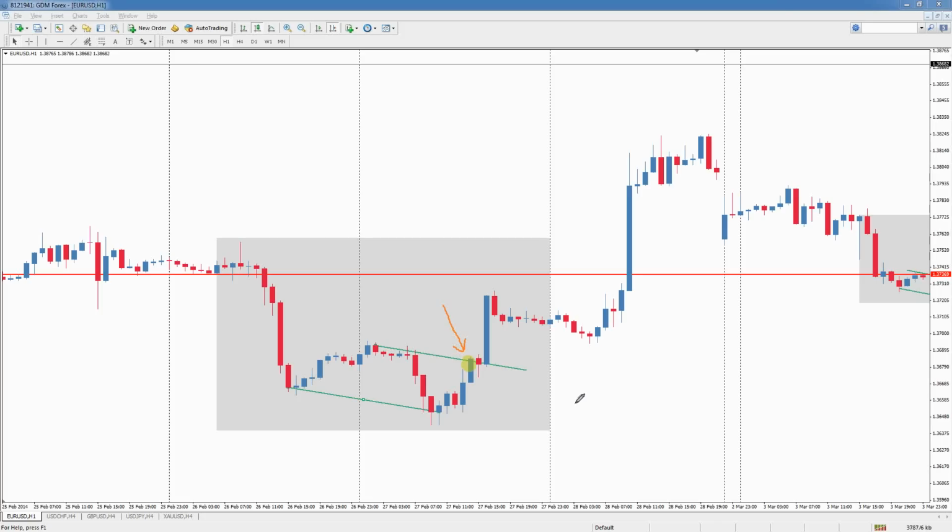Okay, this is a breach, but it's not yet a confirmed breach. What we can call a confirmed breach is when the next candle, one or two candles later, but not more, goes even higher than the previous one.